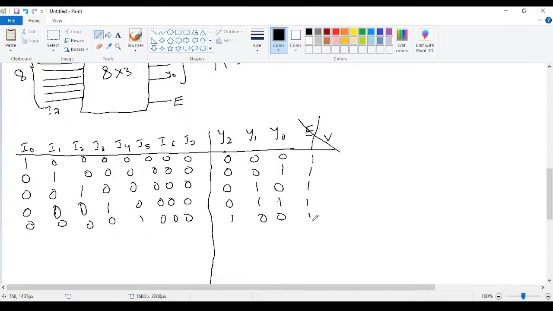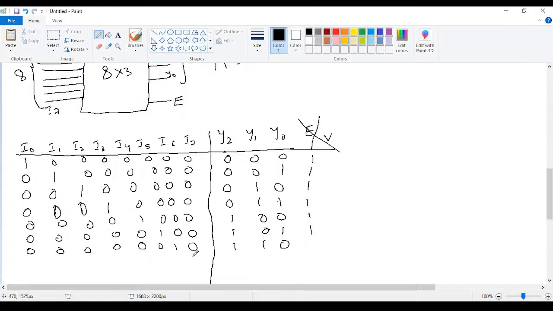Then I5 equal to 1 gives 1 0 1, a valid output. Then I6 equal to 1 means 1 1 0.